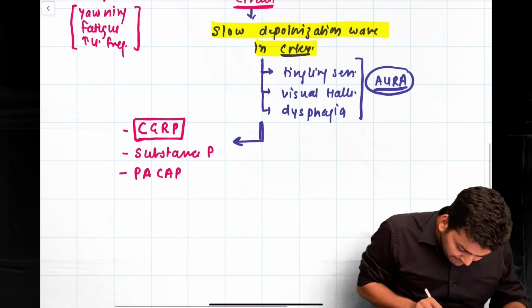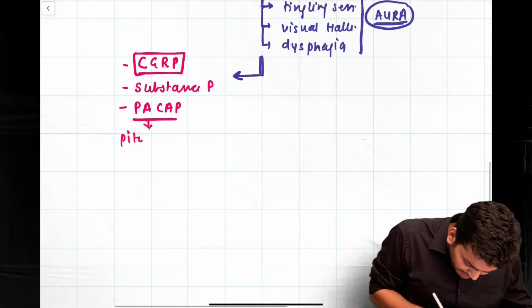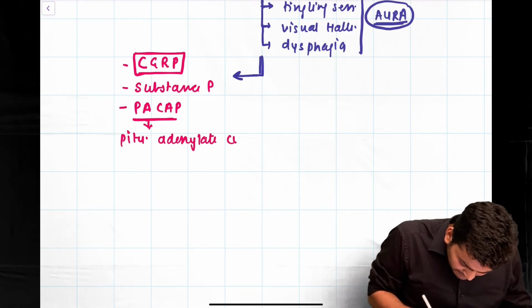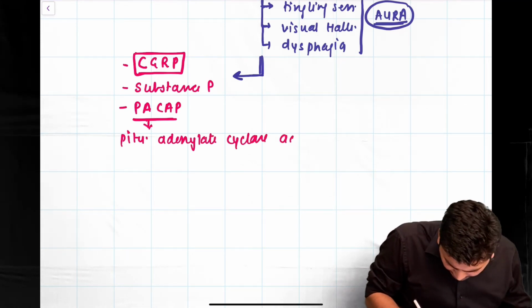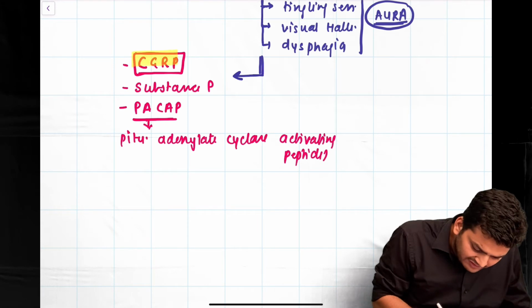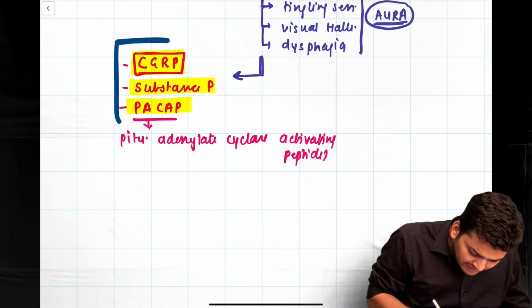I will write the name: PACAP stands for pituitary adenylate cyclase activating peptide. So all these molecules, calcitonin gene related peptide, substance P and PACAP, increase in concentration.